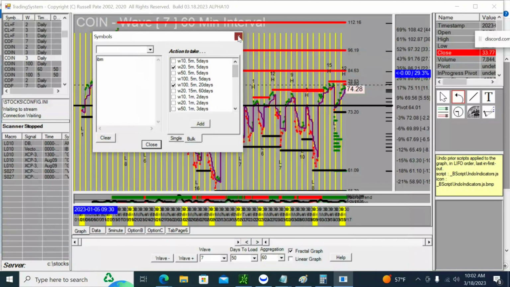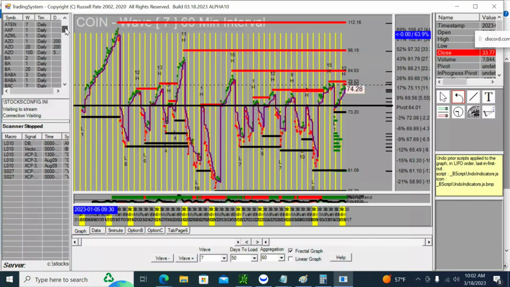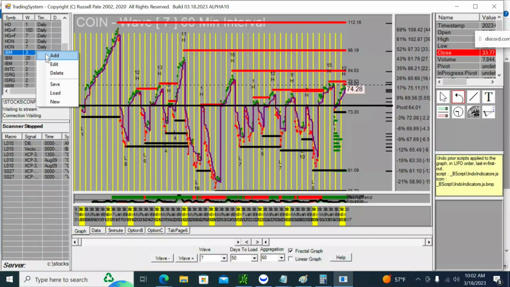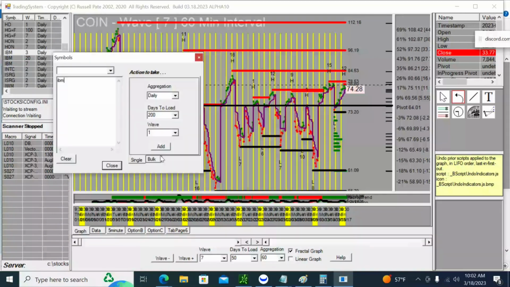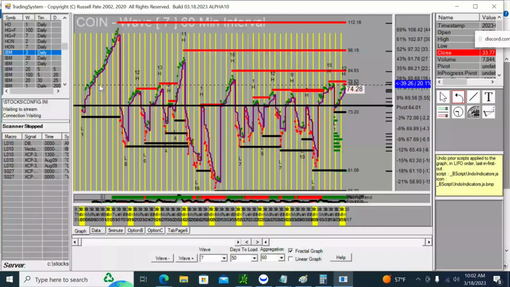So when I had IBM, you can see here we've got 3 entries of IBM right now. So now I add IBM and do a bulk entry of it. What it did was put all those selected into here.